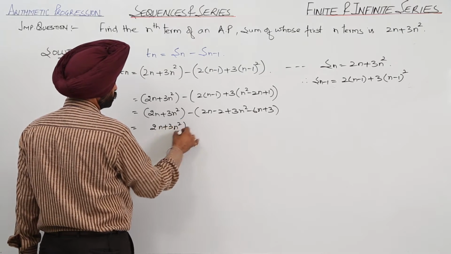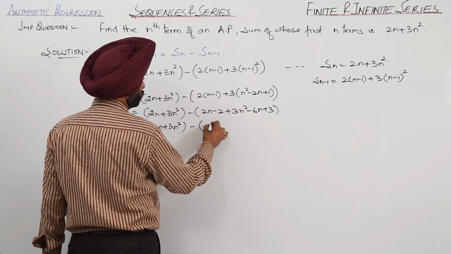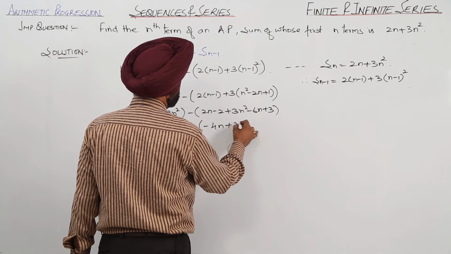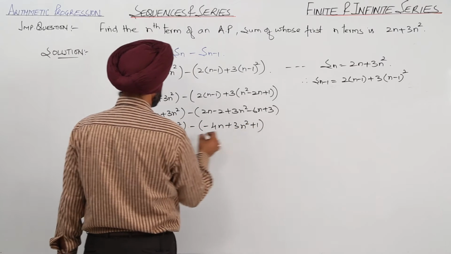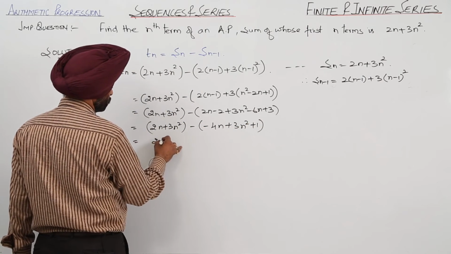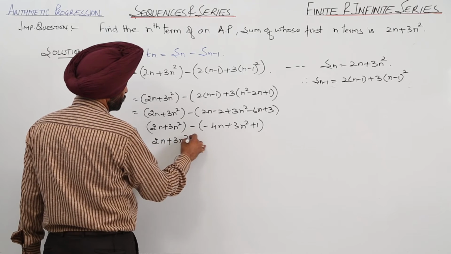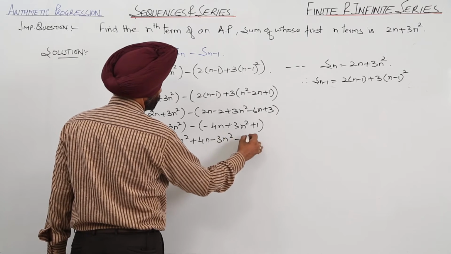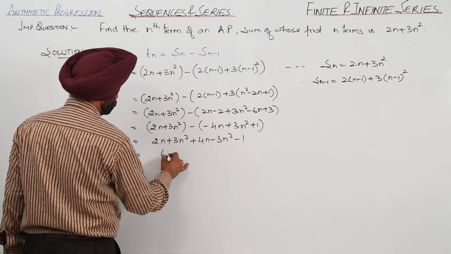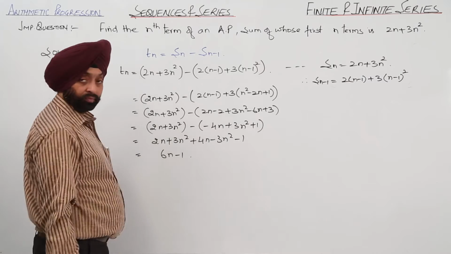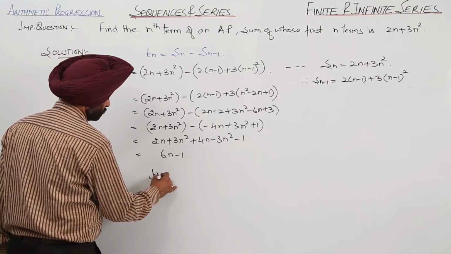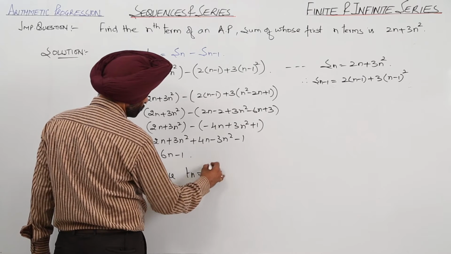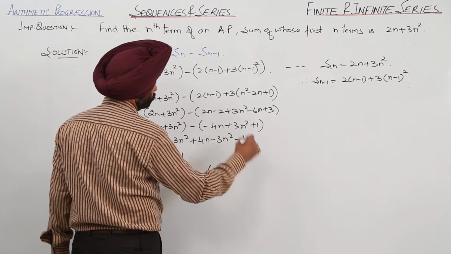That is 2n plus 3n square, negative of minus 4n plus 3n square plus 1. That is 2n plus 3n square plus 4n, minus 3n square, minus 1. On solving this it is 6n minus 1. Hence, the nth term Tn is equal to 6n minus 1.